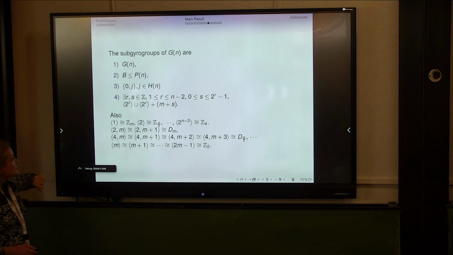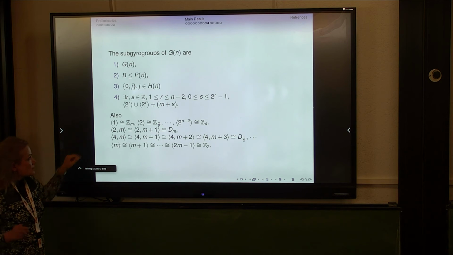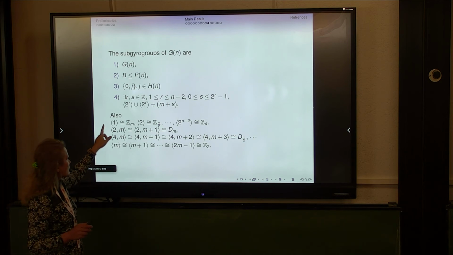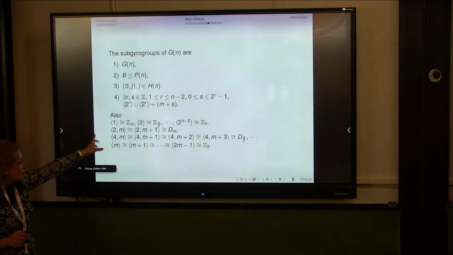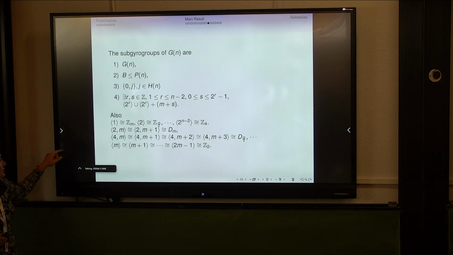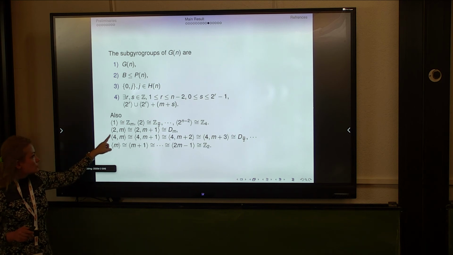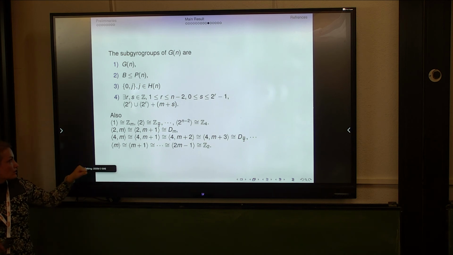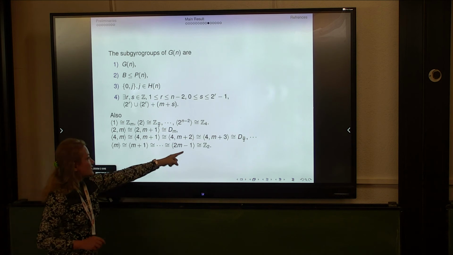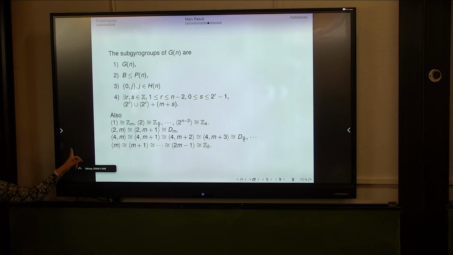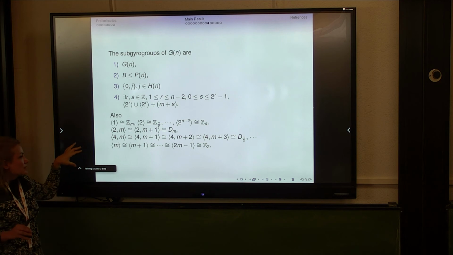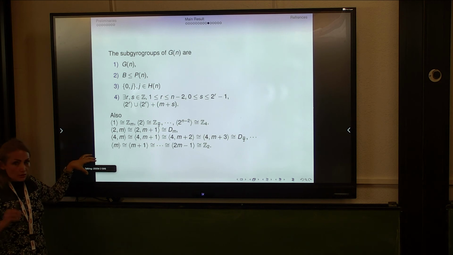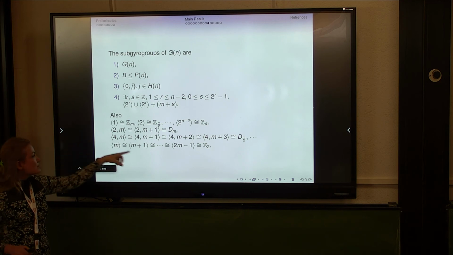And you can see that the subgyrogroups generated by 1, 2, up to 2 to the n minus 2 are cyclic groups, and those generated by 2m and 2m plus 1 are isomorphic to the dihedral group of order 2m. And these are the elements of Hn whose cyclic subgyrogroups are also subgyrogroups of Gn that are isomorphic to Z2.